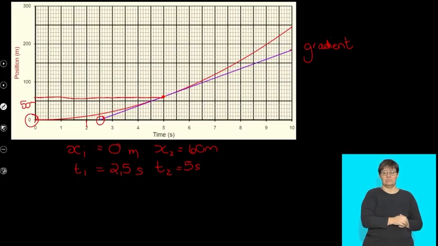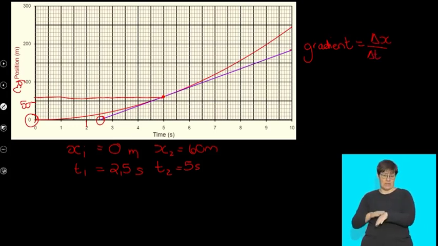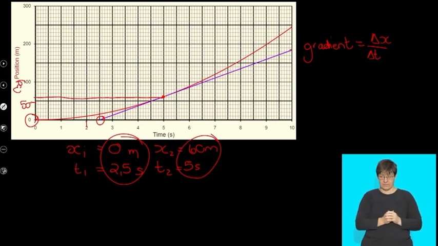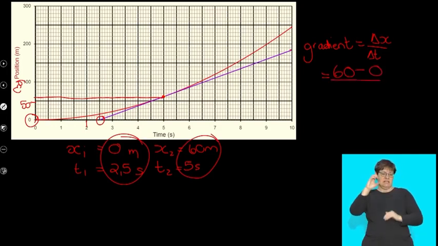The symbol for position we're using is x. So my gradient is the change in x over the change in time, because the x-axis is now time. We need to keep those two together and those two together. That means we're going to do 60 minus 0 over 5 minus 2.5.